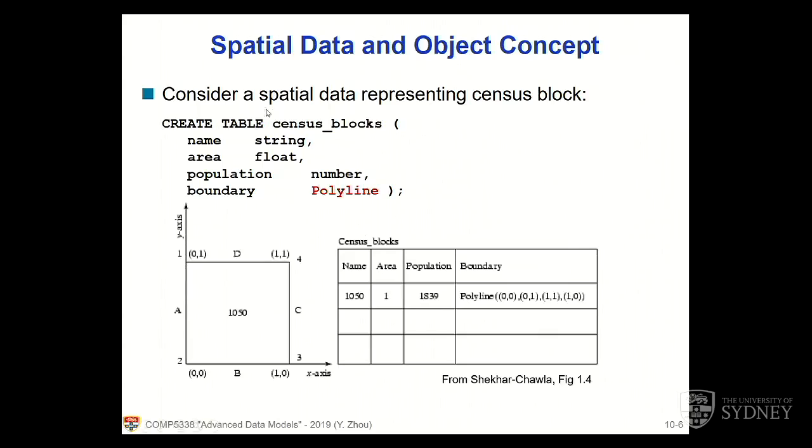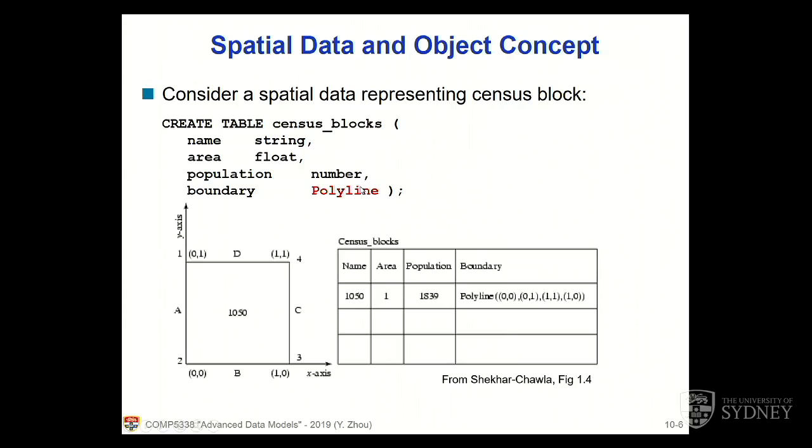So we can have a table called census blocks with a few attributes of regular type. The census block has a name, an area, which is a floating number, and a population, which is an integer, and then the boundary is a physical shape, bounded by different lines.